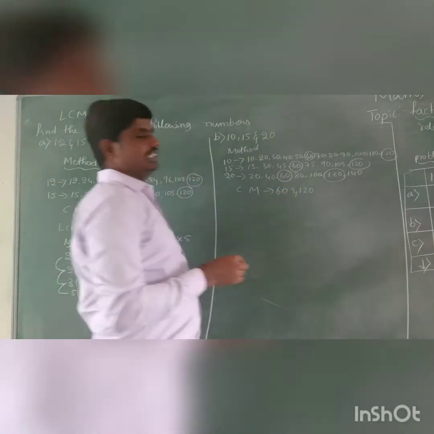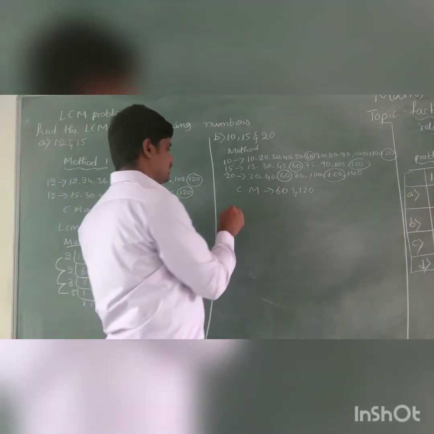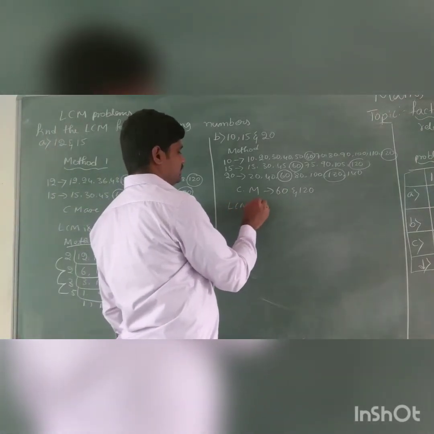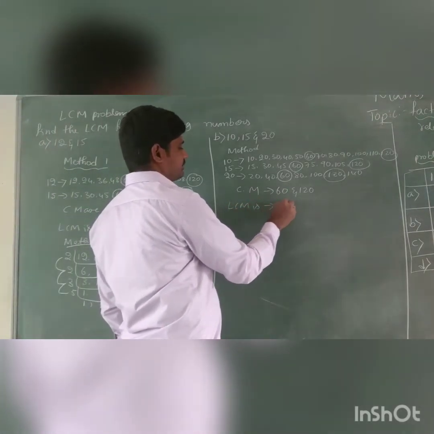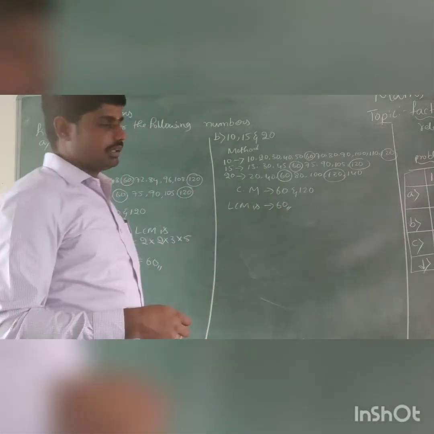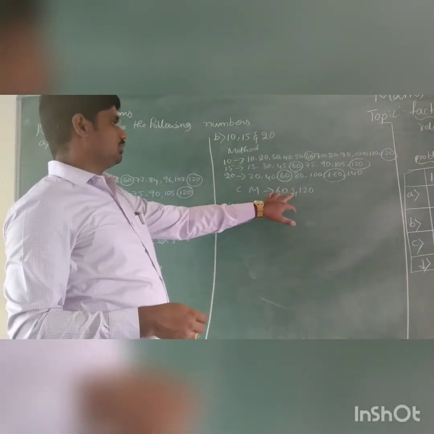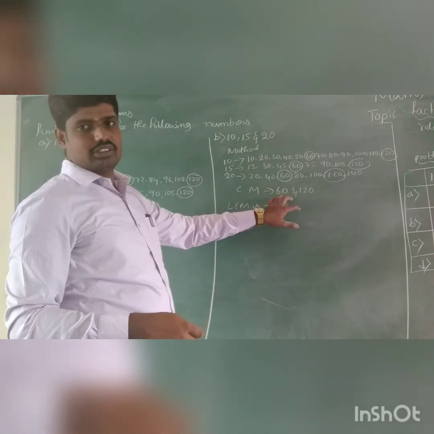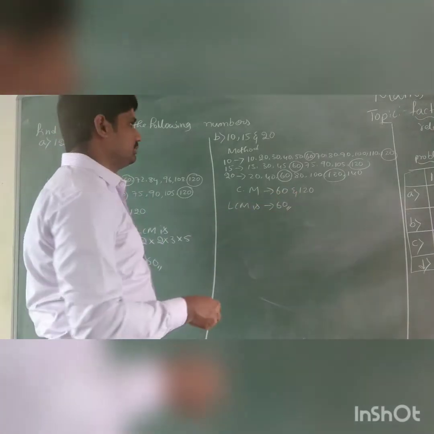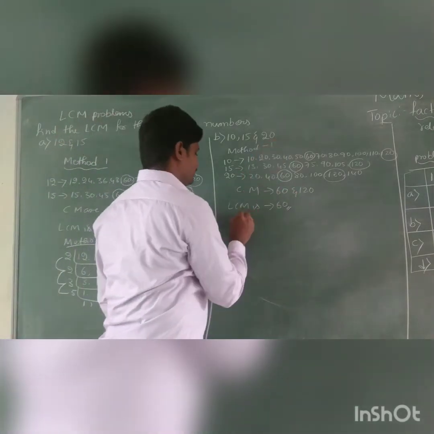Which is the least common multiple? 60 is the least common multiple. LCM is 60. This means the smallest number. That's why 60 is the LCM. This is method 1. Now go to method 2.